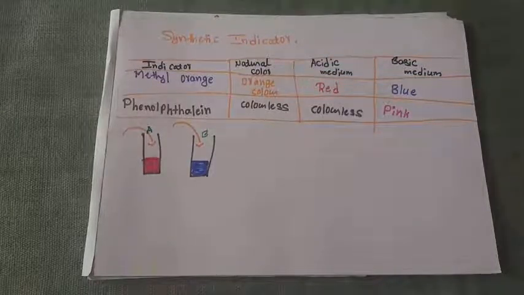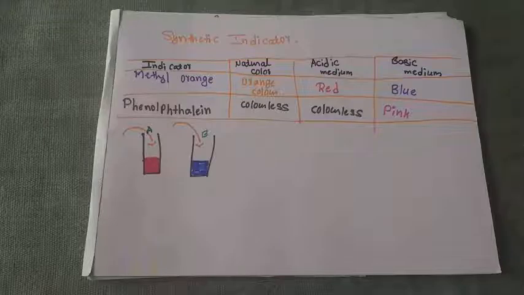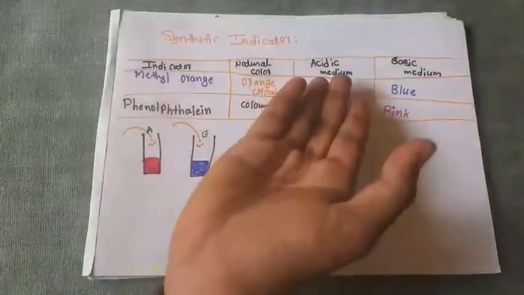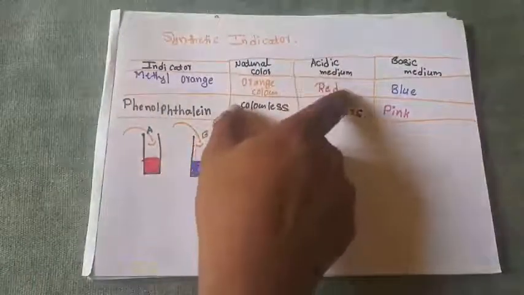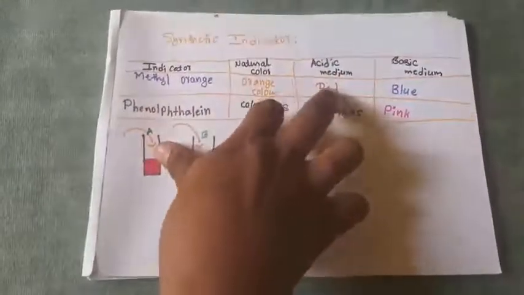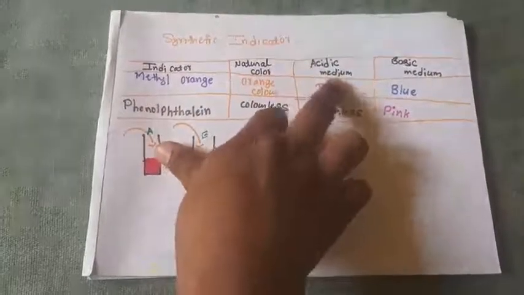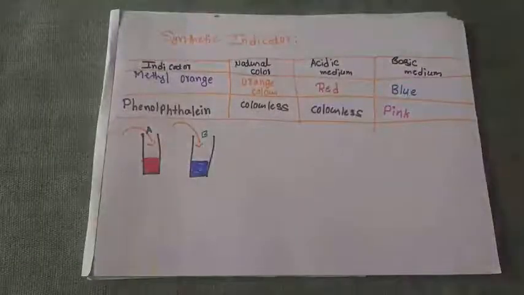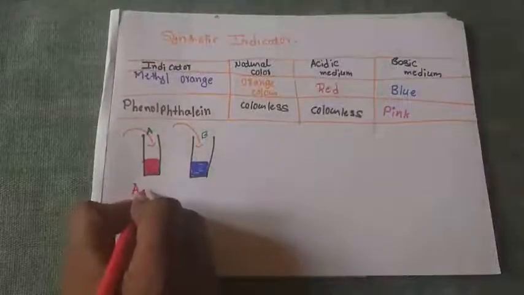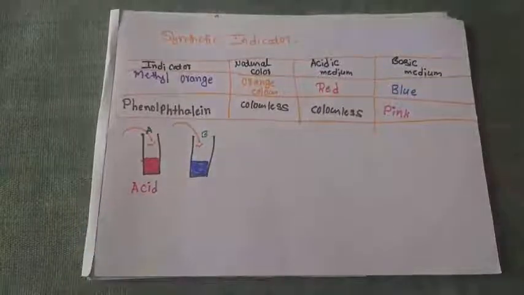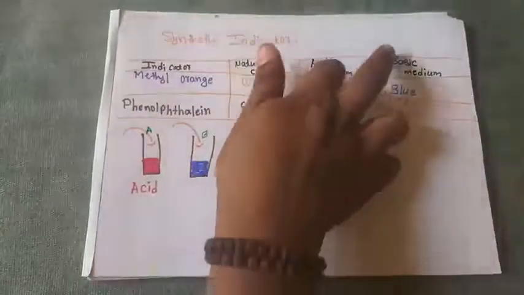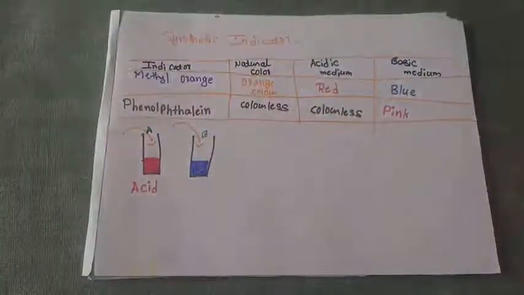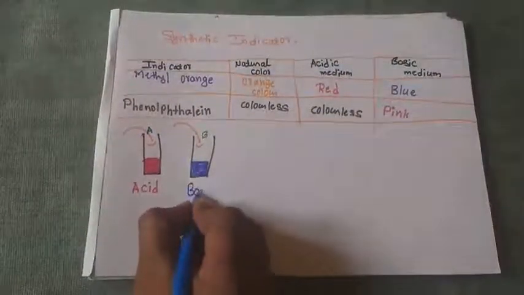Now, how do you conclude what A is? Just observe. After adding methyl orange, if it is red, then because methyl orange is red in acidic medium, the given test tube A contains acid. But what about B? B is blue. After adding methyl orange, if it turns blue, it is present in basic medium, so test tube B contains base.